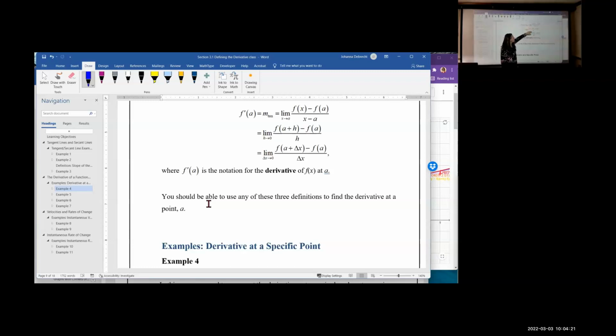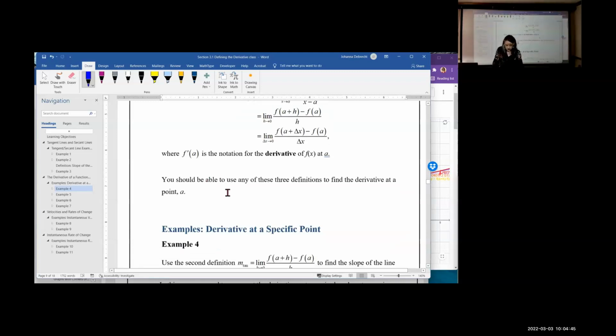You could give me these three forms on the exam, and that would give you full points for that part of the exam. I'm looking for the three: one with f of x and f of a, where x approaches a; one with h, where h approaches 0; and one with delta x, where delta x approaches 0. I will ask them, you do have to memorize them.